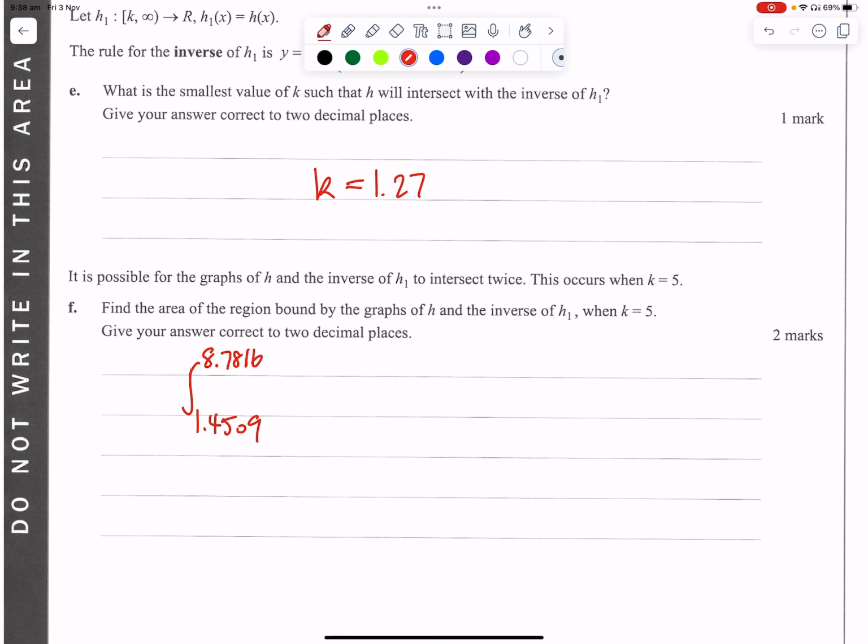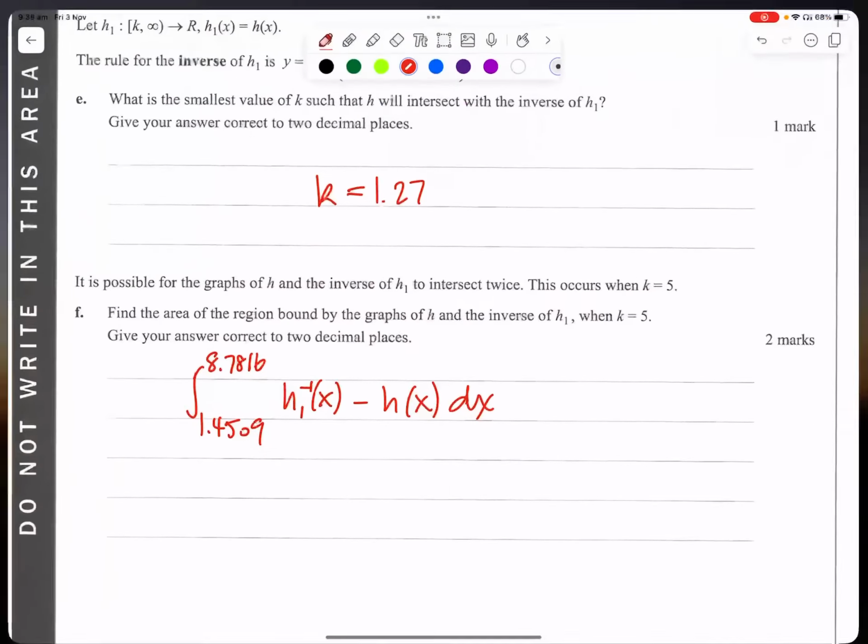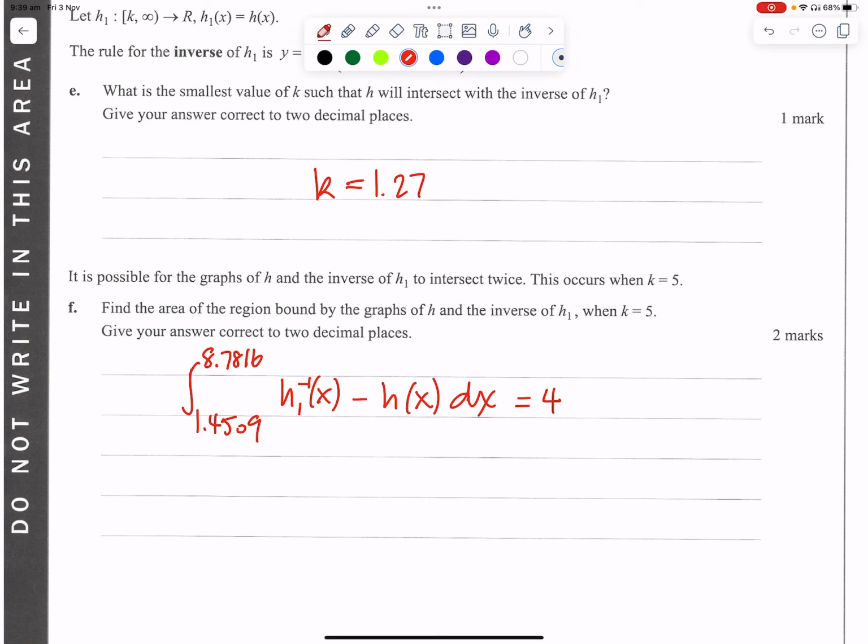And then the higher graph is h1 inverse of x minus h of x dx. Now, if we go integral between the intersection, that point and that point, we get 43.91 meters squared, to 2 decimal places.